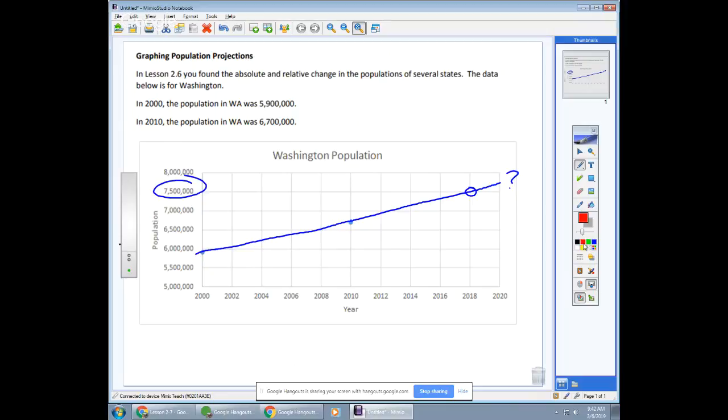So maybe the population did something more like this. Maybe it was steady for a little bit, and then it went up, and then it went down, and then it went up, and then it came here, and then maybe it's steady for a while. So there's lots of different possibilities. The next thing you're going to do is draw 5 different possible ways the population could change. So there's one for me. Maybe it's going to do something like that.